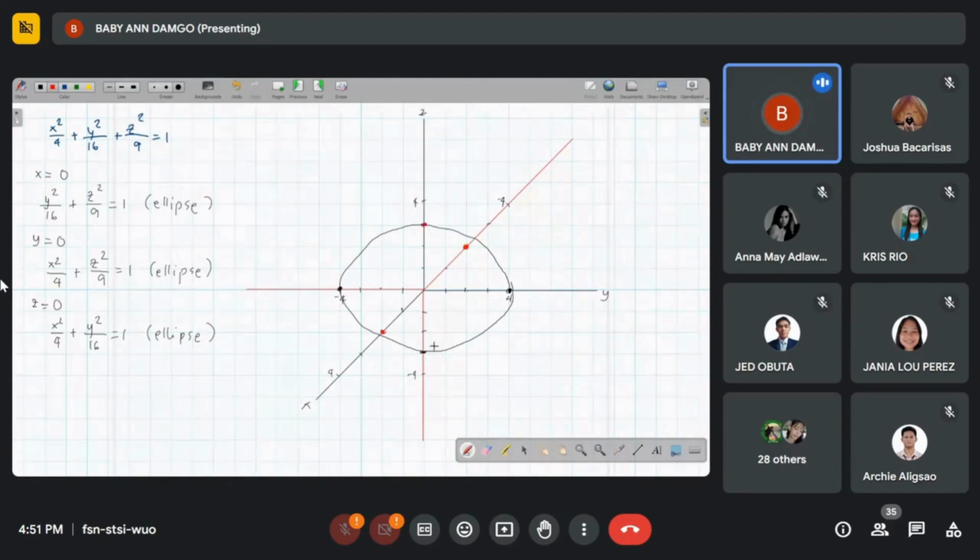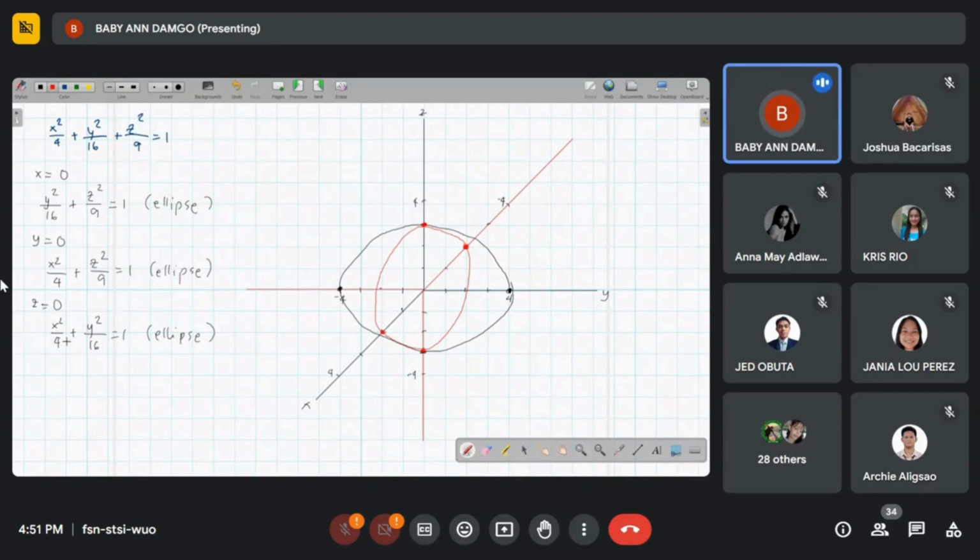And then we will connect. So it looks lying down, class. Okay, so this is the graph. This is an ellipse.